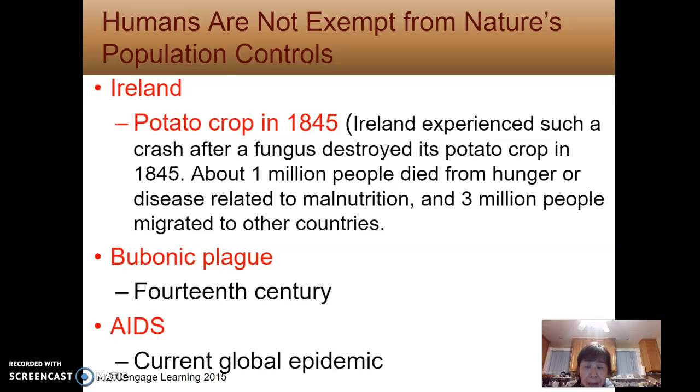And 3 million people migrated to other countries. America probably is the biggest receiver. And also there was a disease, the bubonic plague, happening in the 14th century, mostly in the European area. And they also have AIDS. And also probably years later, COVID-19 would be in the textbook too.